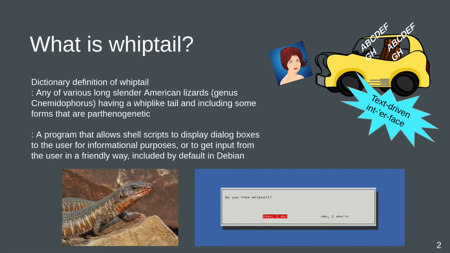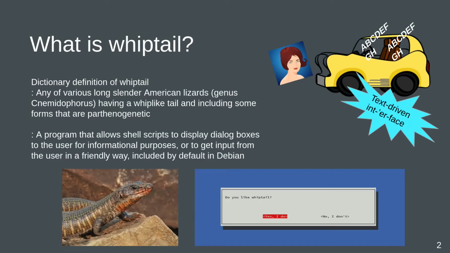Whiptail is actually a program that allows shell scripts to display dialog boxes to the user for informational purposes or to get input from the user in a friendly way. It's included by default in Debian and Debian's derivatives, so Raspbian, Kali, Ubuntu, things like that.